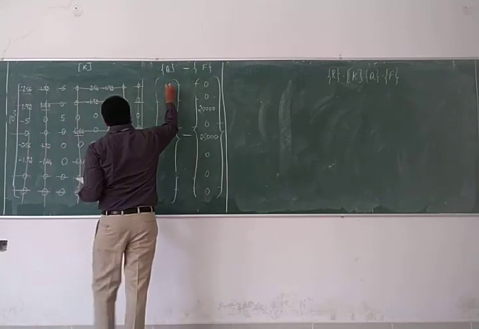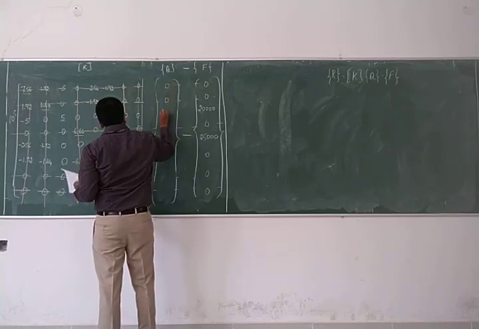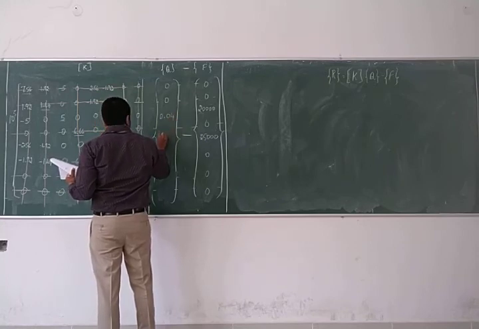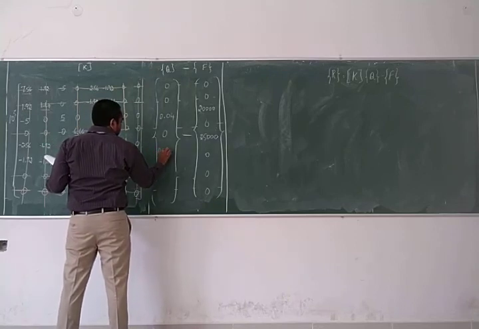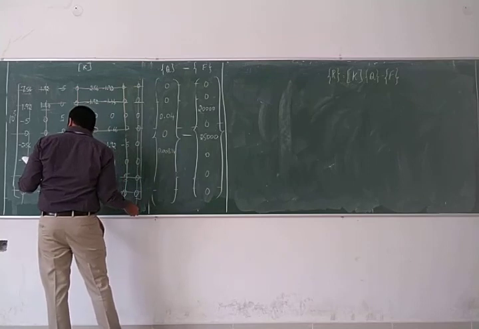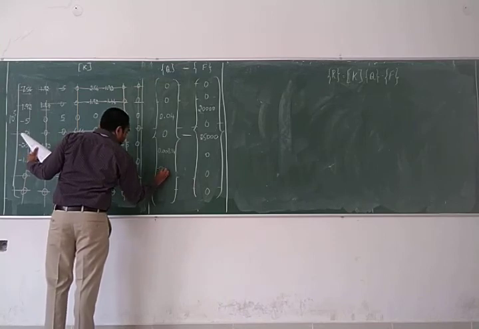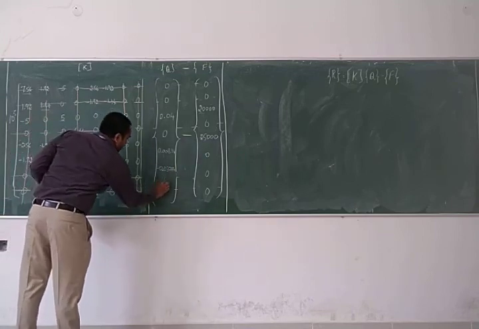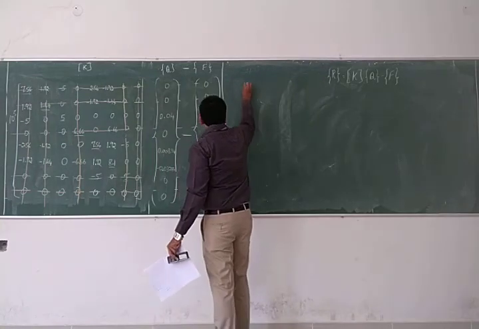So Q values that we have obtained would be 0, 0, 0.04, 0, 0.00834, minus 0.03284, 0 and 0.